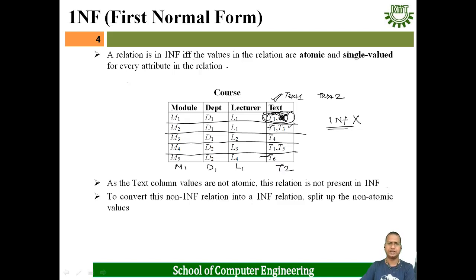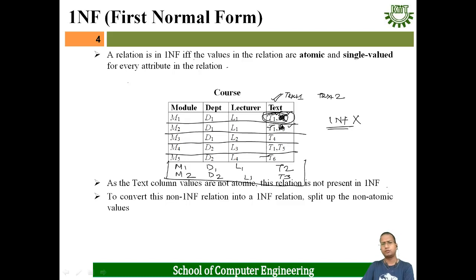Similarly for M2, D1, L1 and T1, and for T3 again I have to take another row: M2, D2, L1, then T3. But in this case the redundancy increases. That's why it is not a wise way to make the multi-valued attribute a single valued attribute or atomic values.